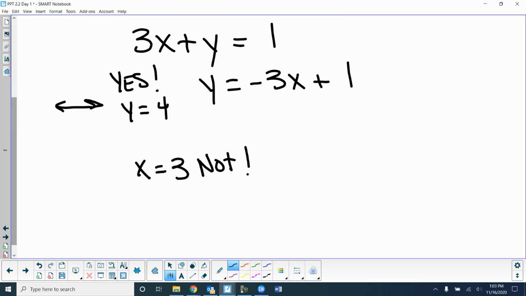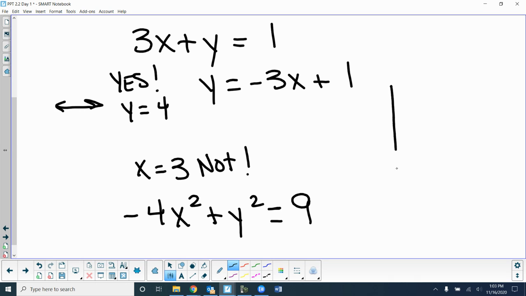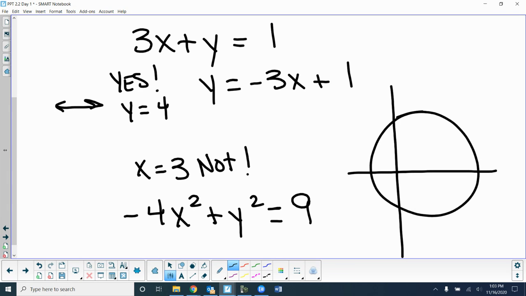How about this one? Negative 4x squared plus y squared equals 9. When the x and the y are both squared, what is that a picture of when we graph it? Circle, very good. That's what we had last week, right? So if I draw a picture of a circle, I don't know if that's the right circle, but I'll just make a circle. Will every x value have one and only one y value? Let's say I pick the x value 0. Right here.